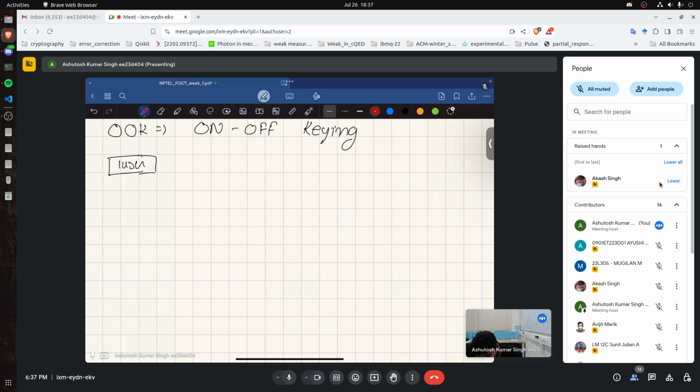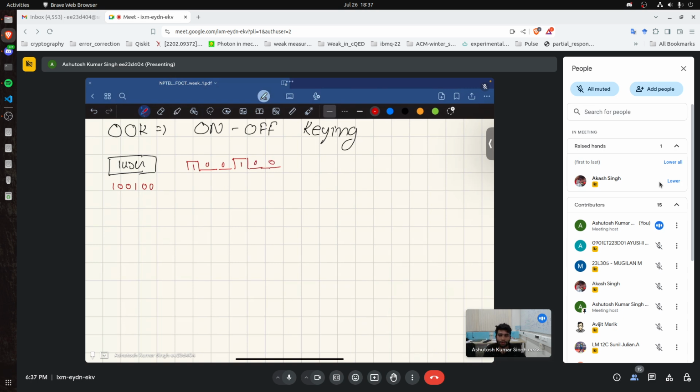Let's say you want to send 100100. So what you will do is you will turn the laser on and then turn the laser off, and off, turn it on again, off, off, 100100.